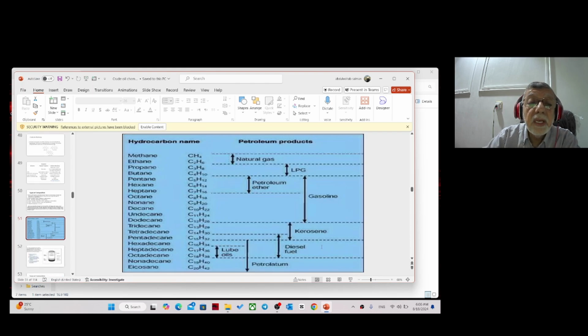And fractionation of crude oil: the first compounds in crude oil are paraffins.